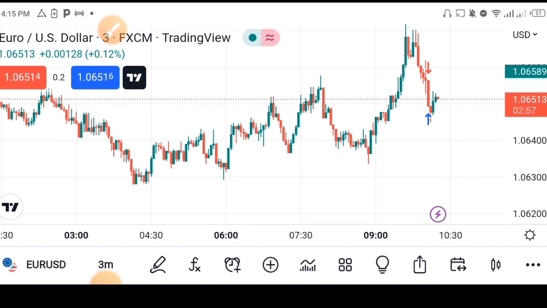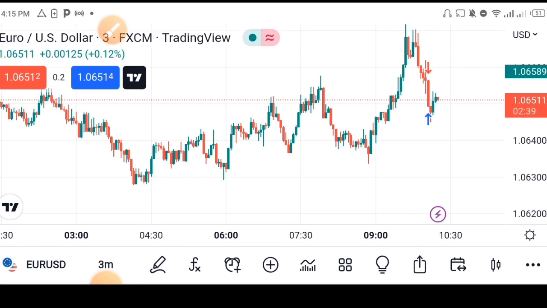We have two major methods of drawing support and resistance on your chart. A lot of people use different methods, but I'm going to point out two that are relevant for me and that I'm using even as I'm trading right now.